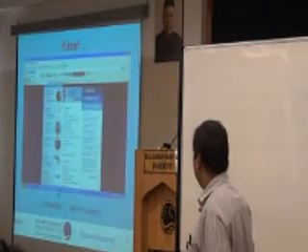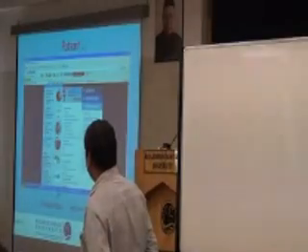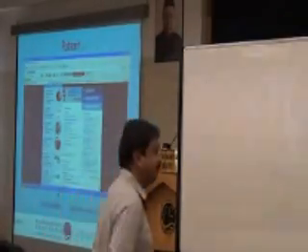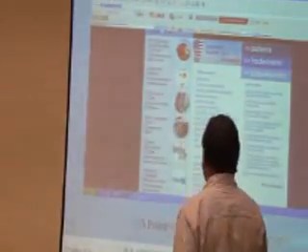Next slide please. This is the website of the US Patent Office. The first line indicates patent search. The website address is given here, www.uspto.gov.